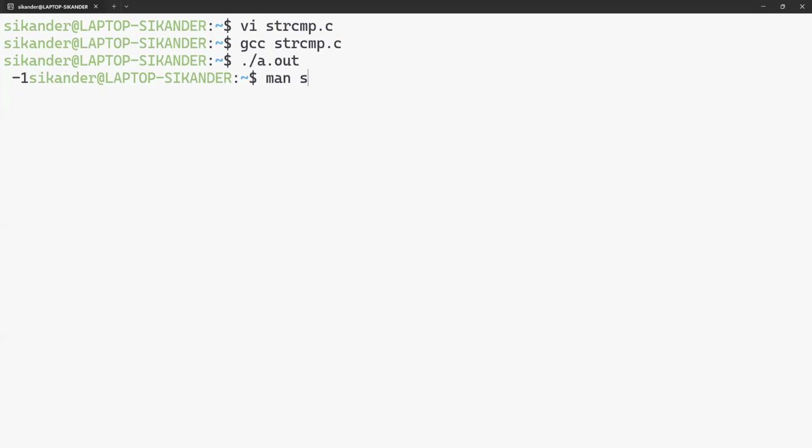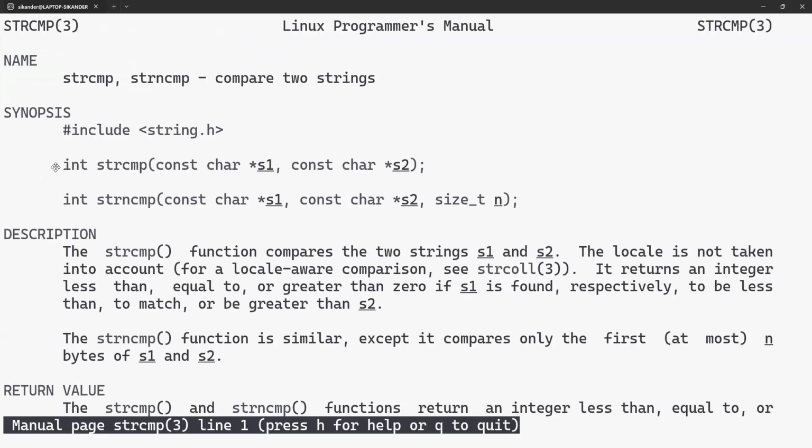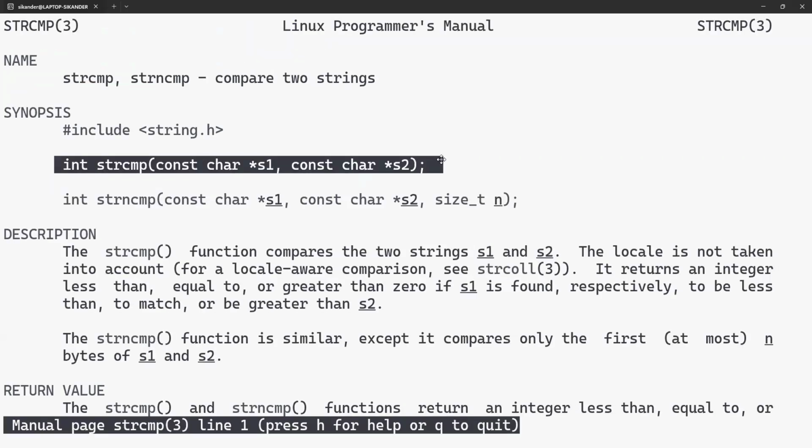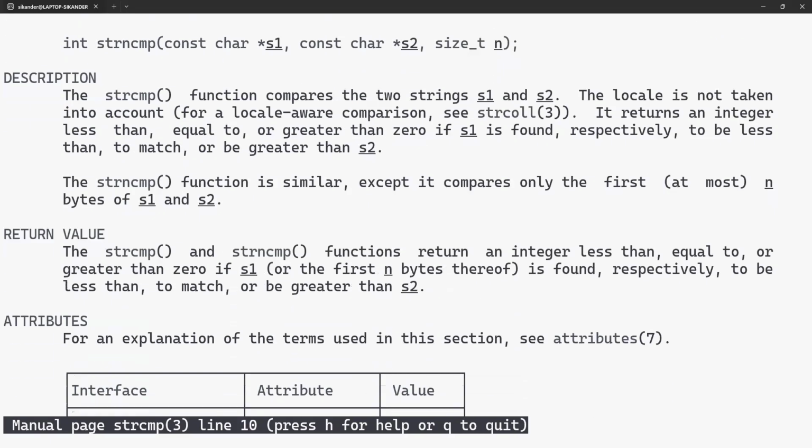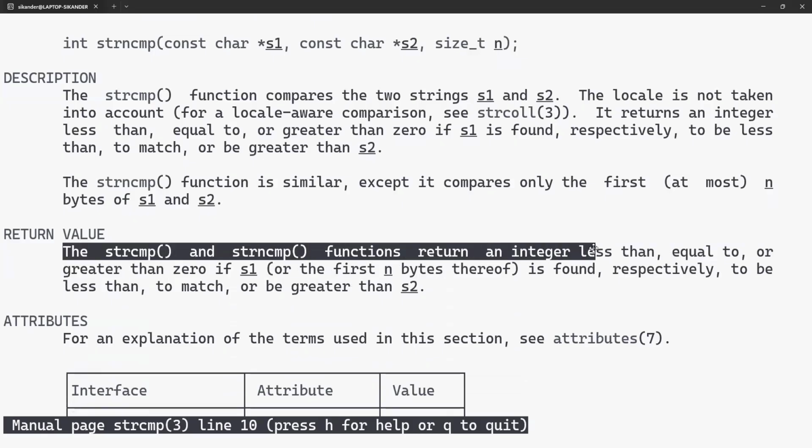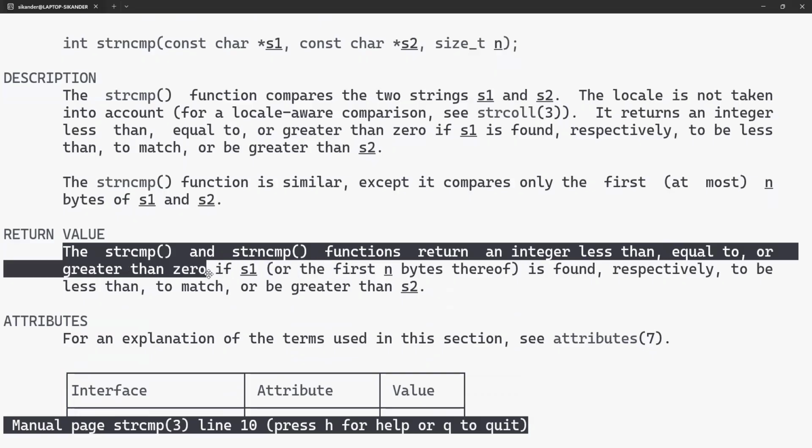Why is that? We'll quickly see the man page of strcmp. You can observe strcmp accepts two strings. And if you carefully observe the return value, it says that the strcmp function returns an integer less than, equal to, or greater than 0.